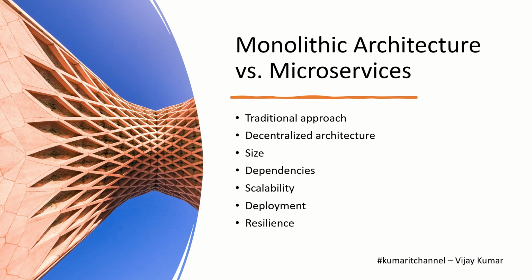And when we talk about the deployment, the traditional approach requires the entire application to be deployed as a single unit, right? Whereas with microservices, individual services can be deployed independently, and since we are deploying individually, it makes it easier to make any changes or updates without impact to the rest of the system.